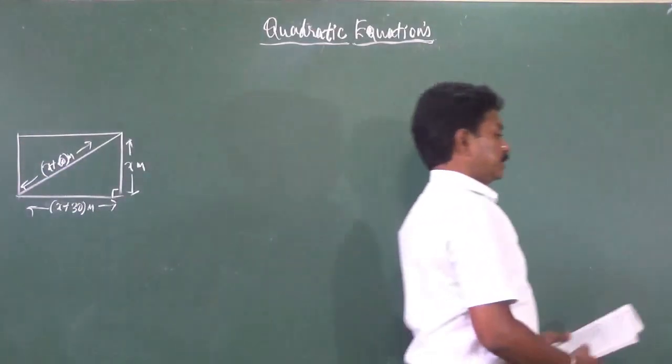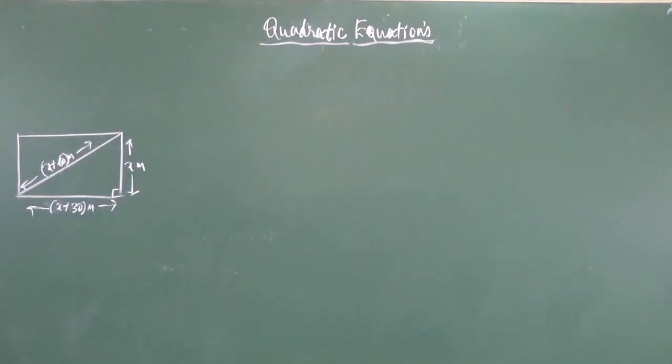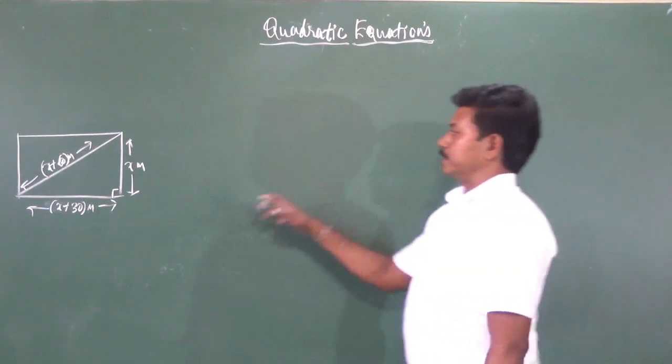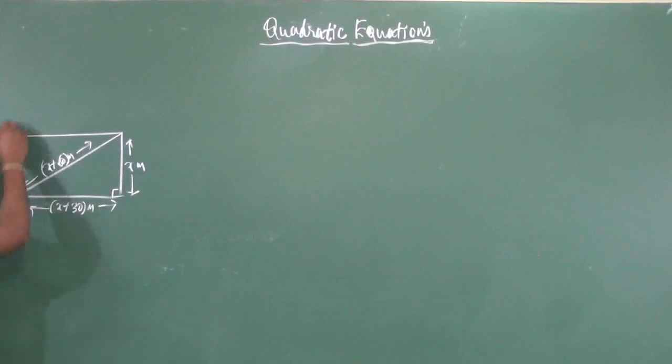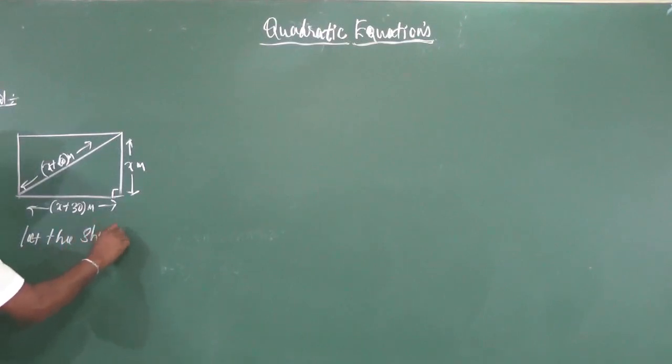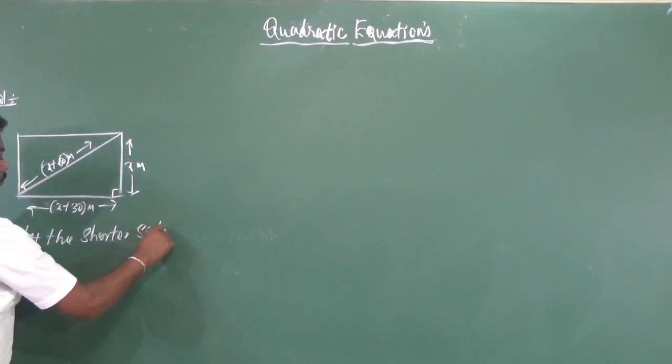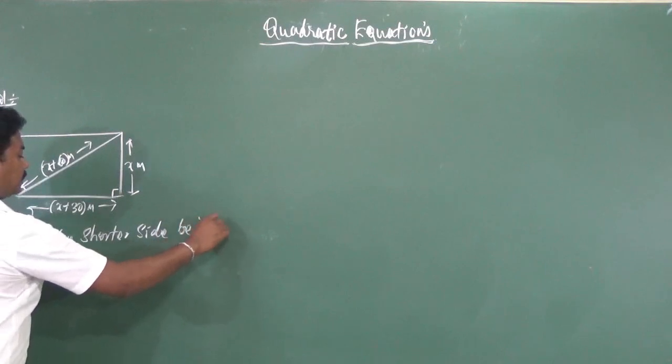Just like the second problem we did on right angle triangle, the same thing comes again here. Into the solution. So let the shorter side be x meters.